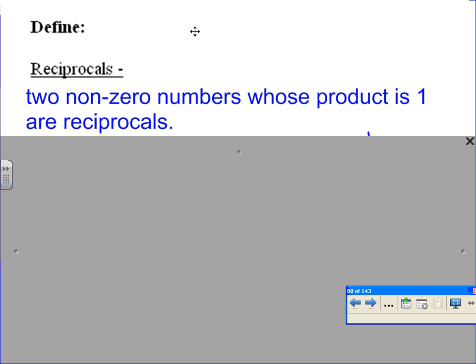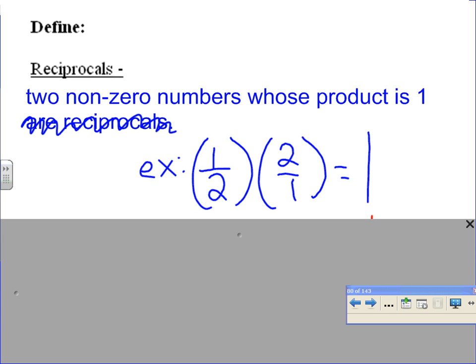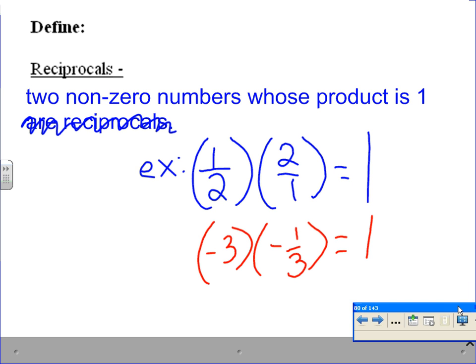So a reciprocal is when you flip a number. A reciprocal is when you have two non-zero numbers whose product is 1. Don't write that part down. You don't need that. I have an example up here, actually two examples. You can pick one.